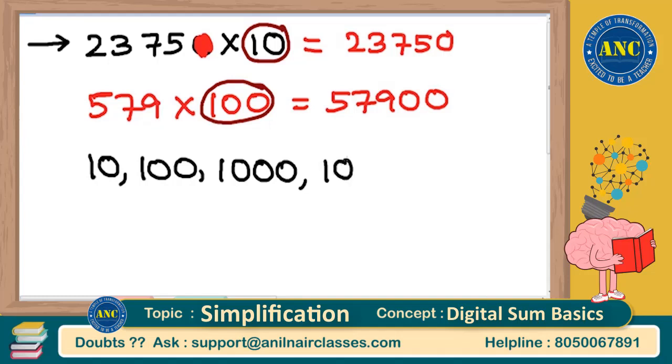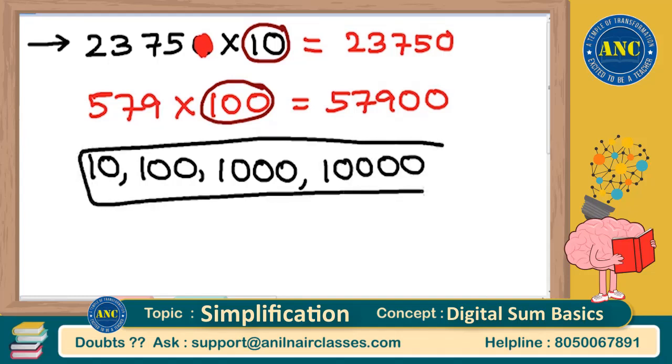Similarly, I love having 10,000 in my pocket. These all are very, very good numbers to work out with. I always want zeros at the end, because when I multiply those numbers, it will be very, very easy for me to understand, and then it will be very, very easy to solve that particular problem.